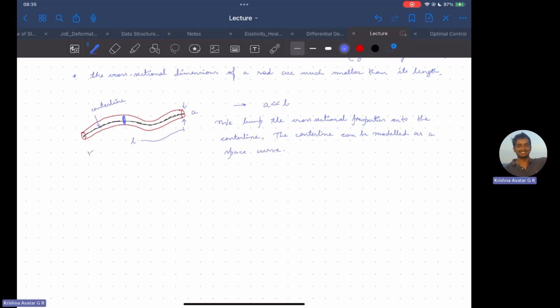Again, as we recall, we had defined something called an arc length coordinate for a curve. So the center line is located at arc length coordinate s from its origin. So we are lumping the entire cross section onto the material point s.